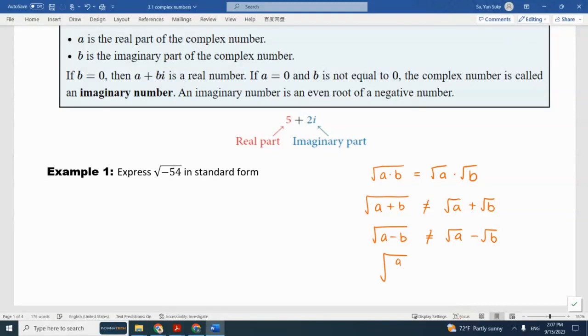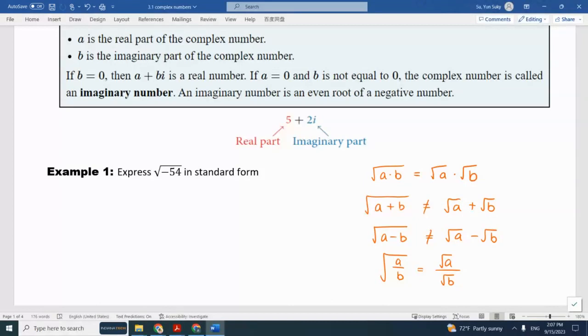No. How about division? Is it equal to square root of a over square root of b? Yes. So for multiplication and division, we can distribute the square roots. But for sum and difference, can we distribute the square roots? No. So write down those rules.